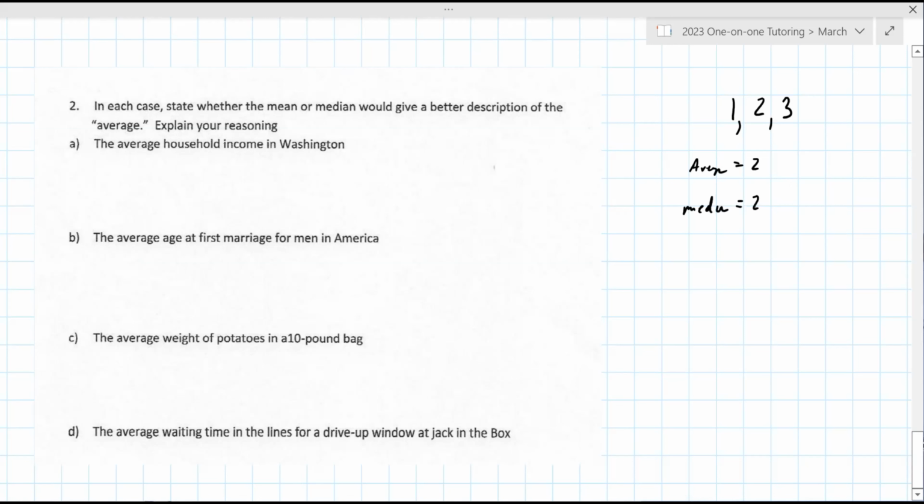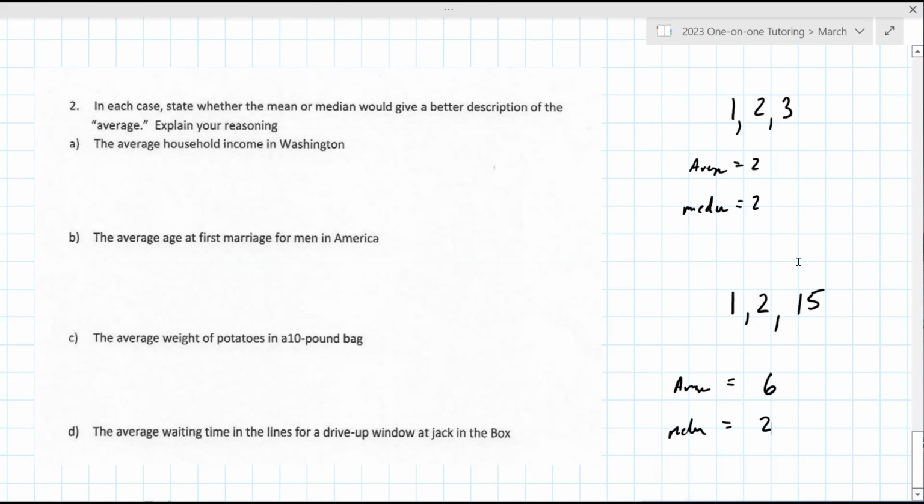The median is the middle number, which is also 2. Now let's take a new set of numbers, 1, 2, and 15. The average is now 6, and the median is 2. Do you see that 2 of the 3 values are still pretty close to 2?